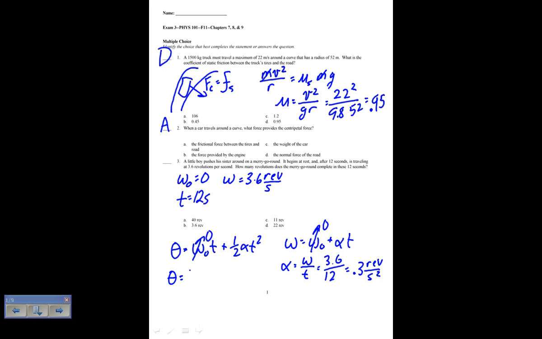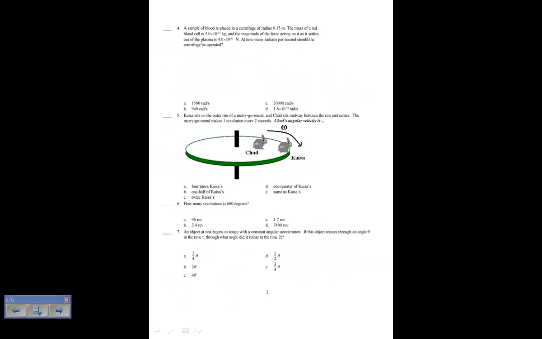So theta then is equal to 1/2 alpha, which is 0.3 revolutions per second squared, times my time, which is 12 squared. I get 22 revolutions. 22 revolutions. So the answer for number 3 is D.